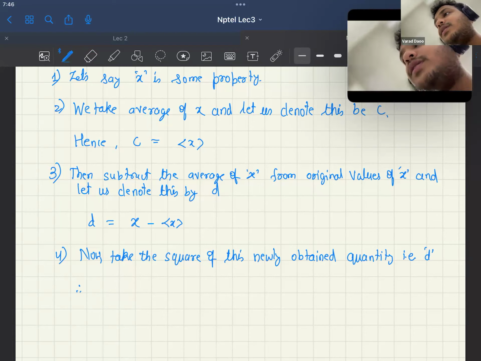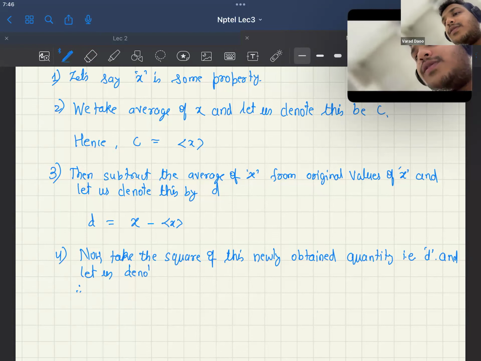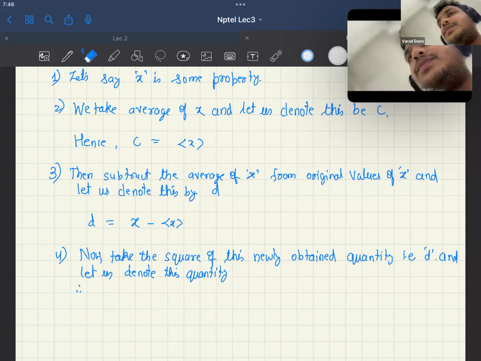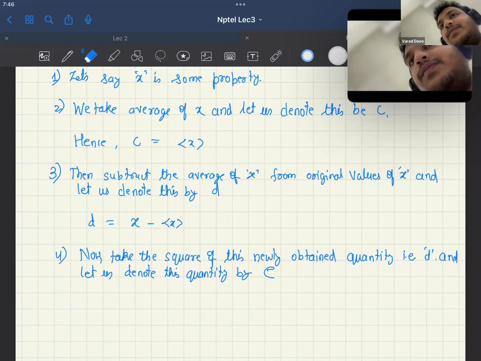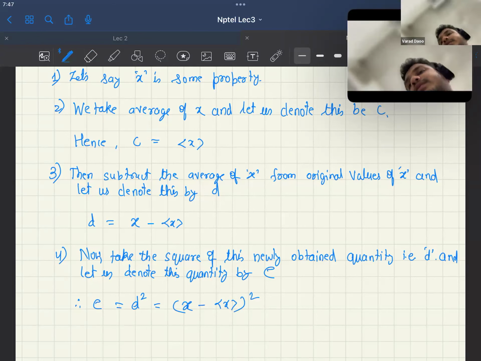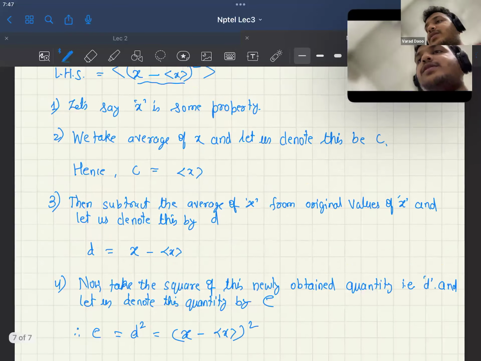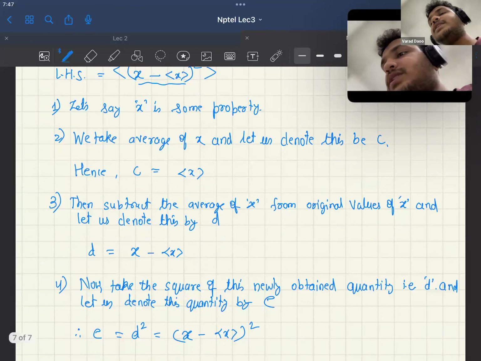Hence, let us denote this quantity by, let's say E. Therefore, E becomes what? D square, which is x minus average of x square, right? So can you see we are somewhat resembling what we want. And now again there is average. So now what we do? Yeah, it's very clear. We'll take the average of this quantity.